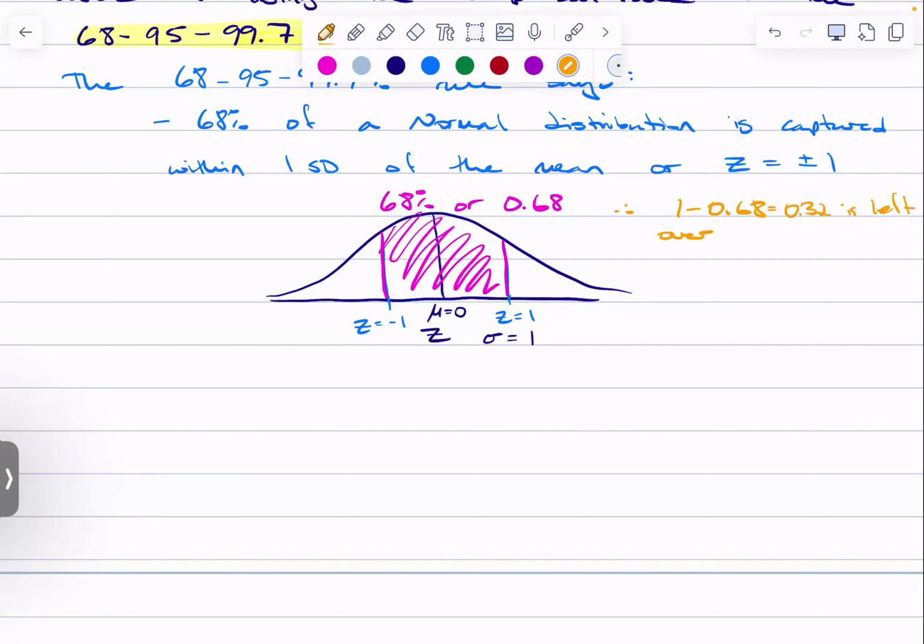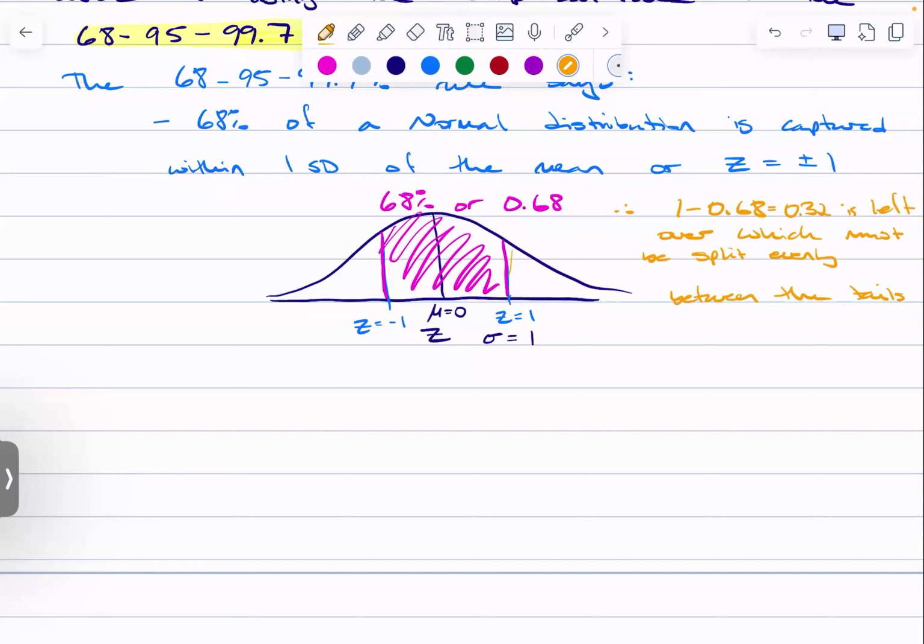And that has to be split evenly amongst the tails, because it's symmetric. 0.32 divided by 2 puts me at 0.16.